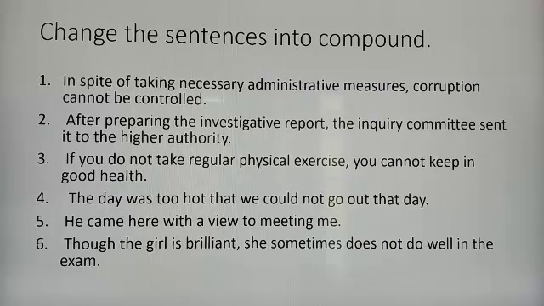First one is a simple sentence. In spite of taking necessary administrative measures, corruption cannot be controlled. In spite of taking. You see, taking is a gerund, in spite of is a phrase. So this is a simple sentence. You have to make it compound.